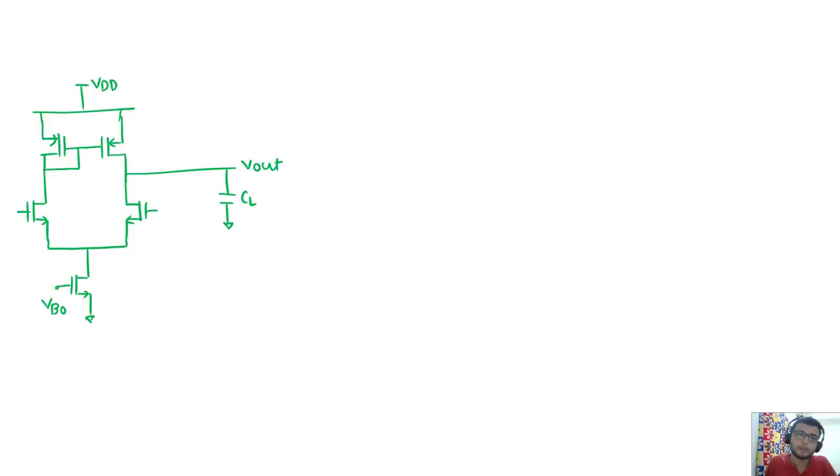Just as I am drawing the input pair, on the large scale we can see here what happens if we are increasing both the inputs simultaneously. First I should define V in 1 as VCM plus VDC, and V in 2 again as VCM plus VDC. Just defining the two inputs.